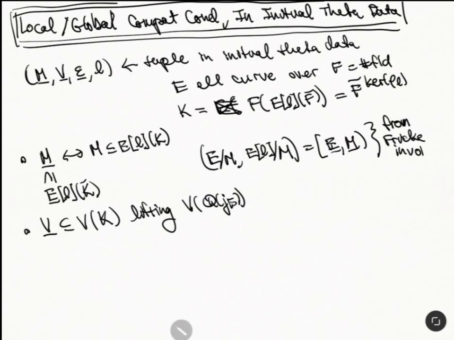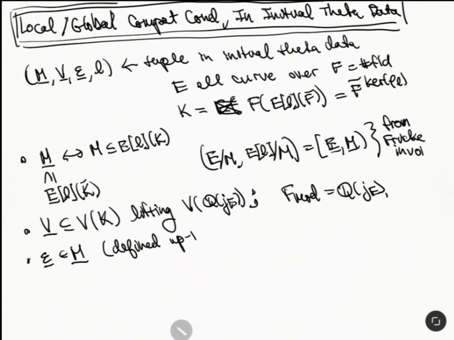I'm probably going to switch between J subscript E and J parentheses E. So we have this thing, a lift of these things, and then epsilon underline is an element of M underline, defined up to involution. And L was, of course, a fixed prime.